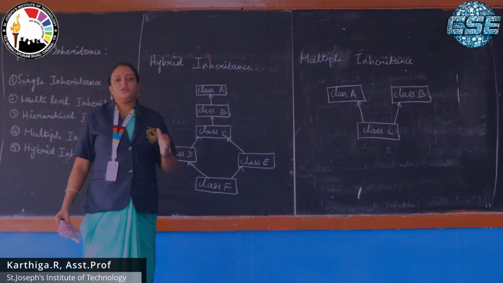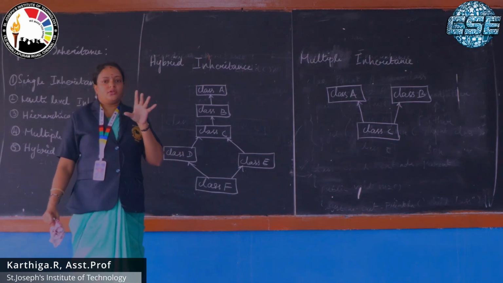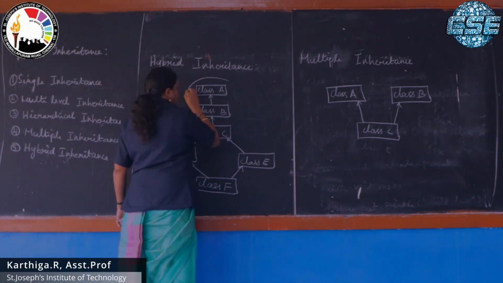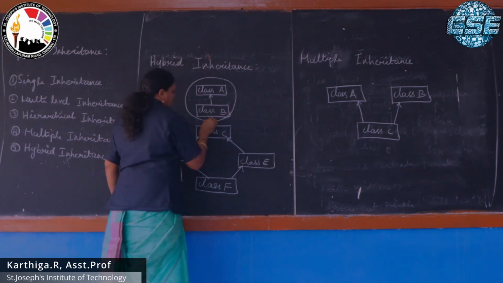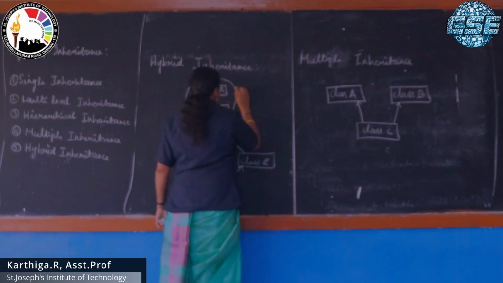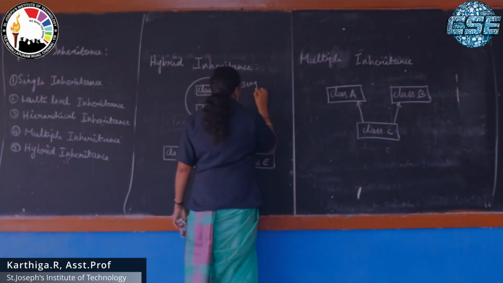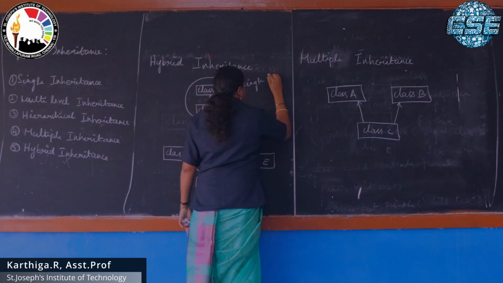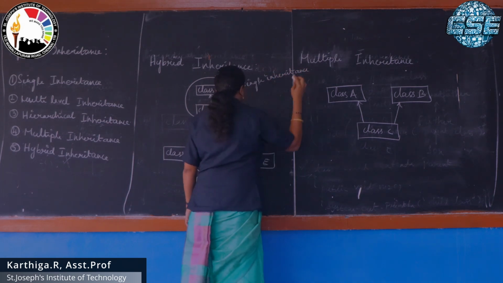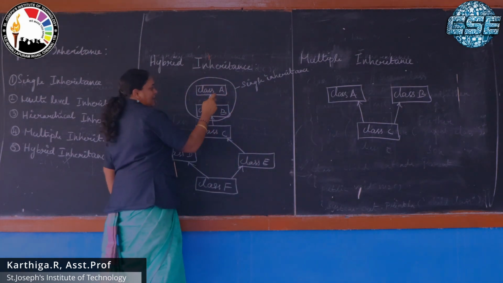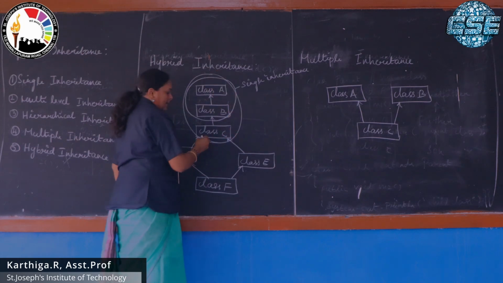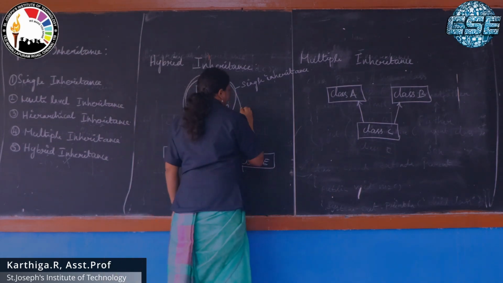Hybrid inheritance is the combination of types of inheritance. Okay, let's see this diagram. So this class A and B represents single inheritance. Okay, A, B, C. This level indicates multi-level inheritance.